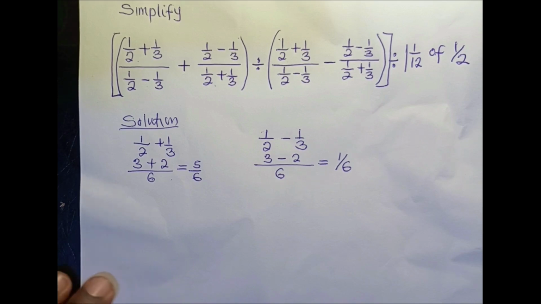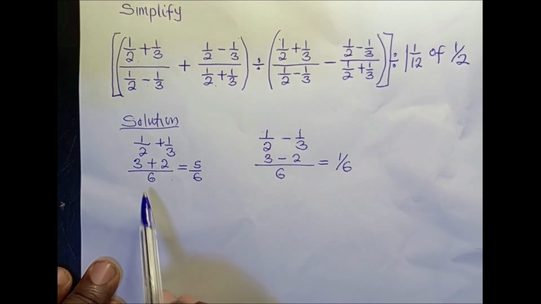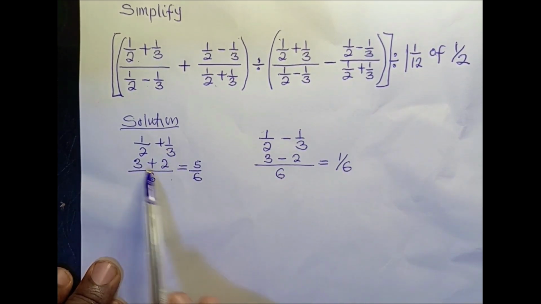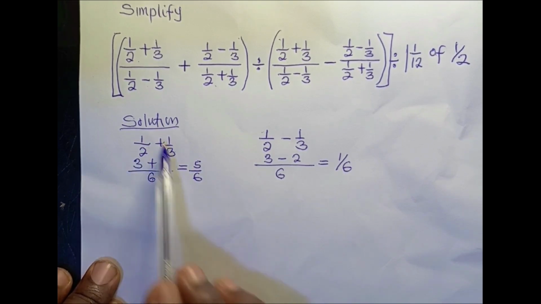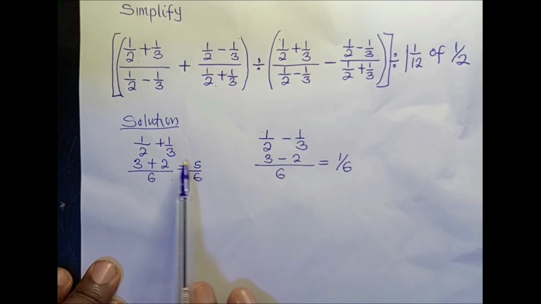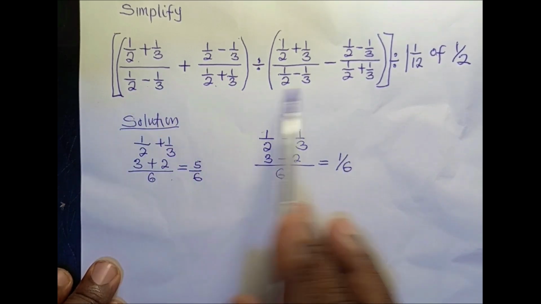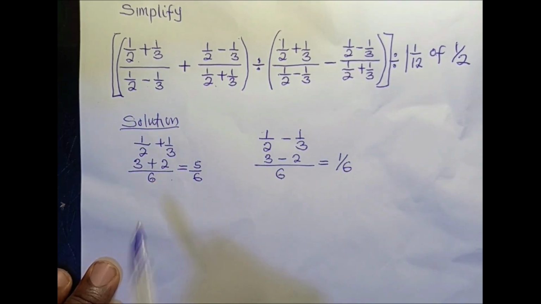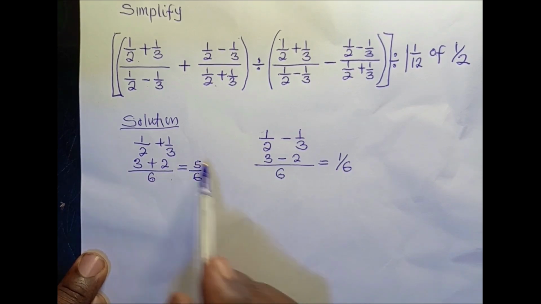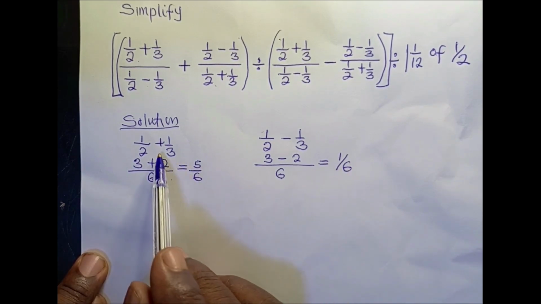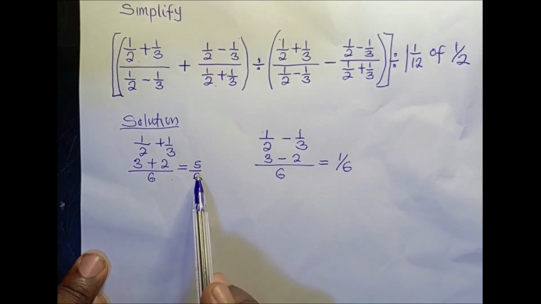Can you see that? We have now simplified the top part of the fractions that are in the brackets, and the bottom part of it as well. So what we do here is replace with 5 over 6 and 1 over 6. When we see the fractions adding, we write 5 over 6.